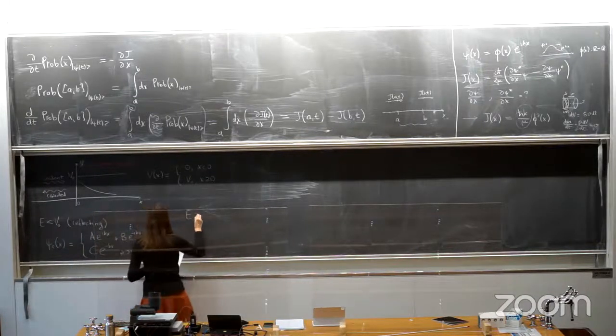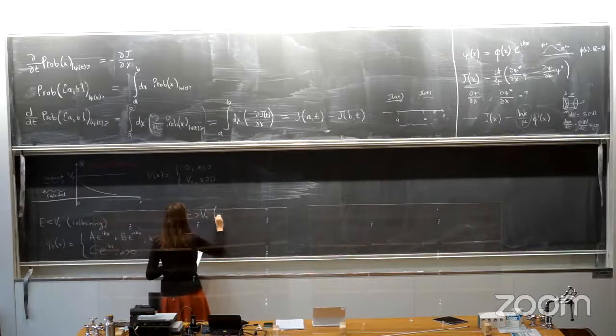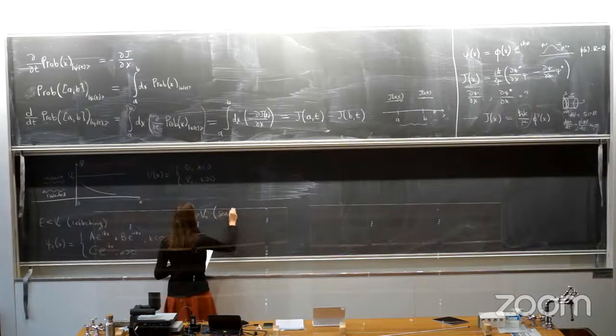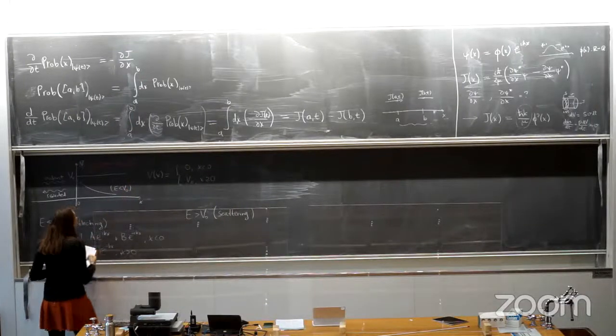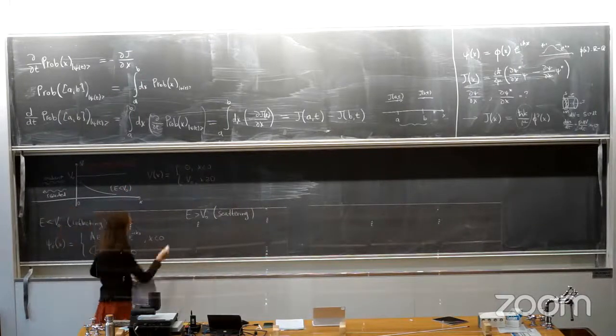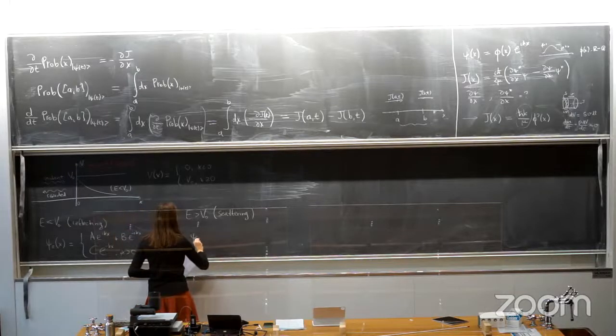So here we write that this is for E less than V0. We have decay. But here we just have the following.